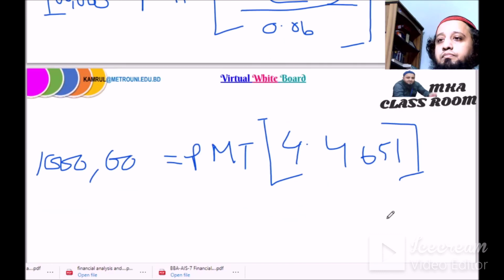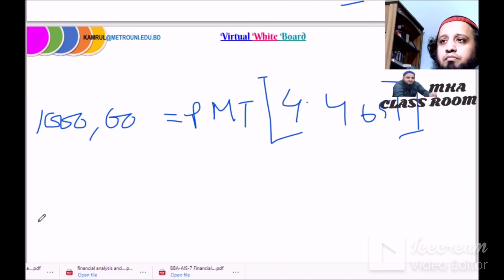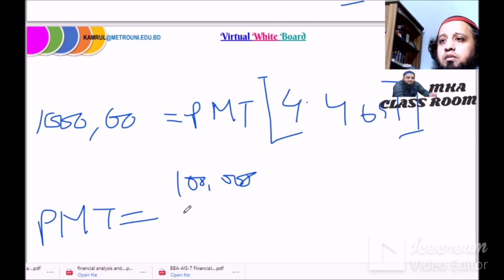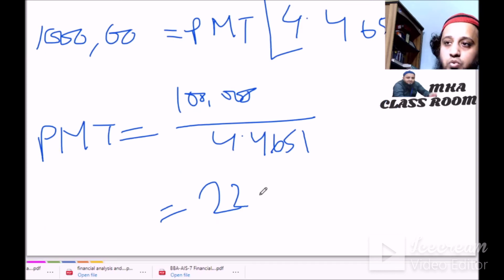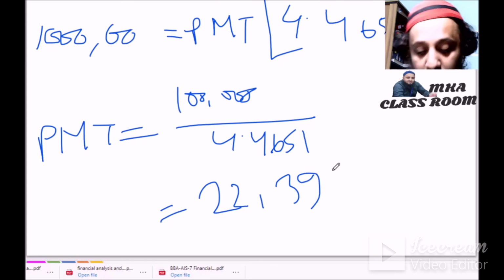that is we have 4.4651. Then PMT equal to 1 lakh divided by 4.4651. The result is 22,396 taka.